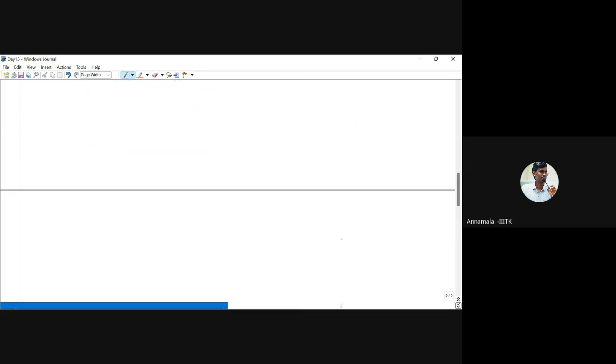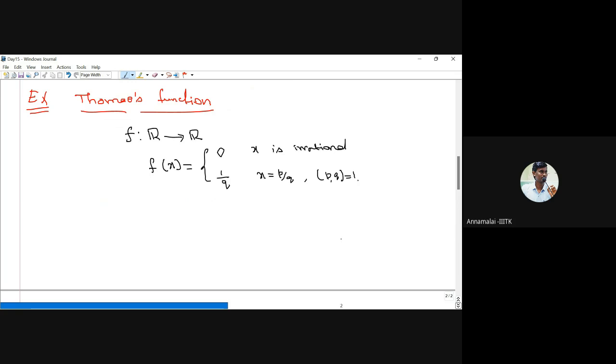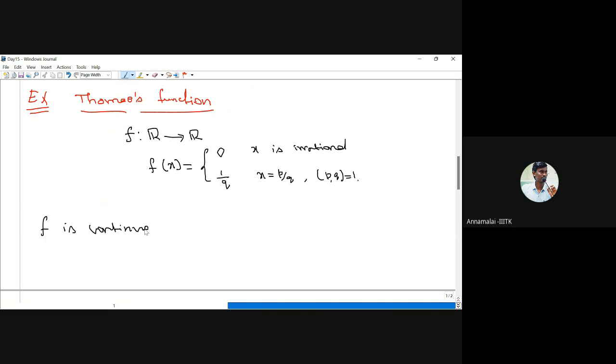We prove that this function is continuous only at the irrational points, and discontinuous at the rational points. So f is continuous at all irrational numbers, but not continuous at any rational.